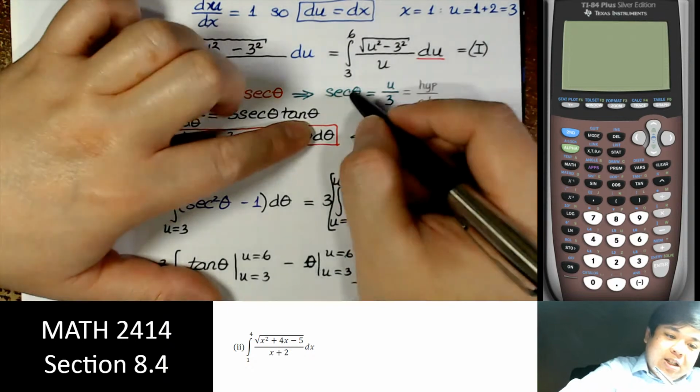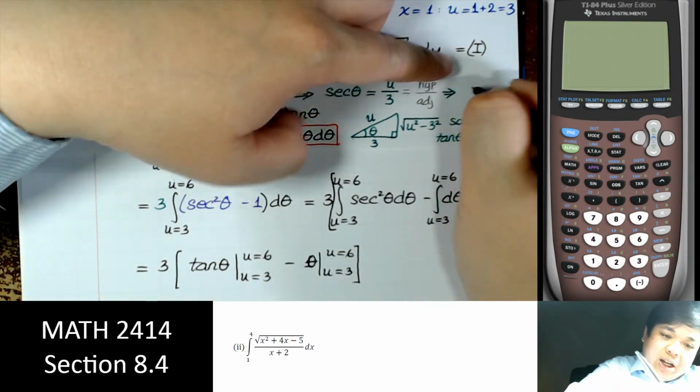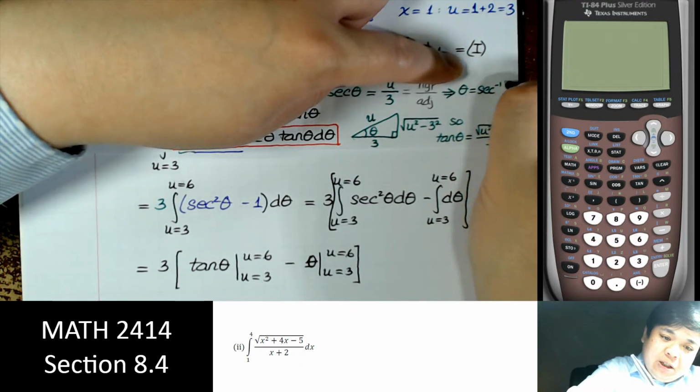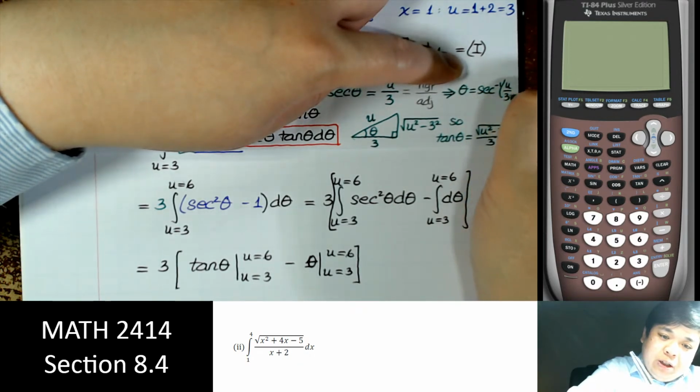And here, since secant is equal to that, we can say that theta is secant inverse of u over 3.